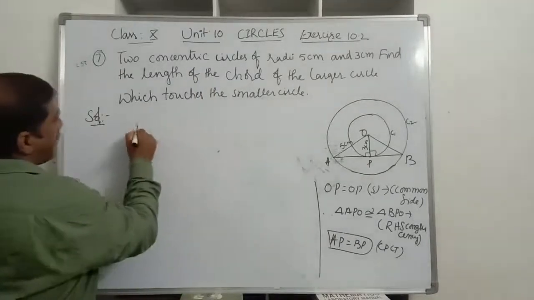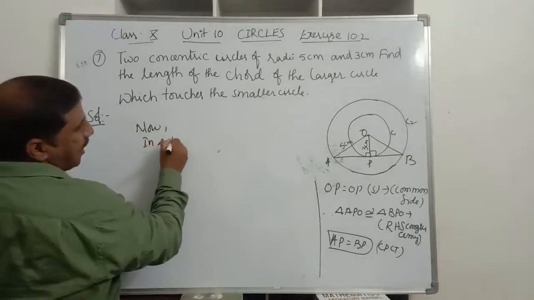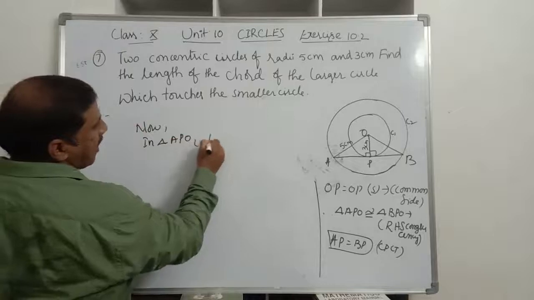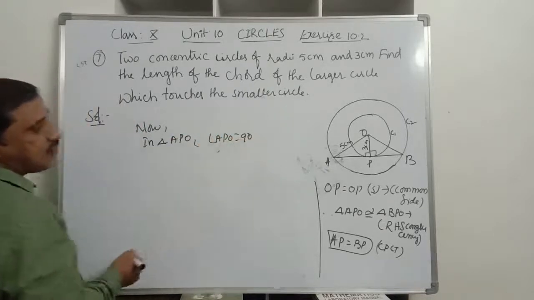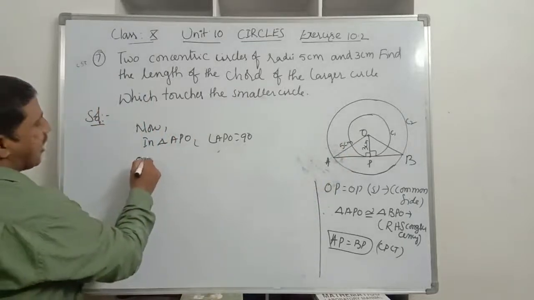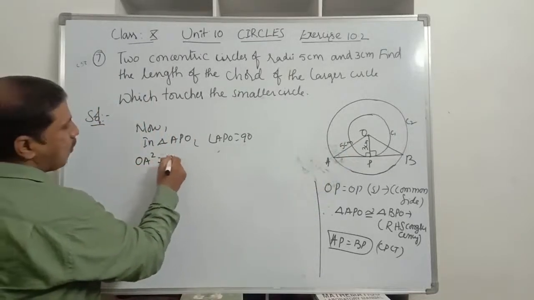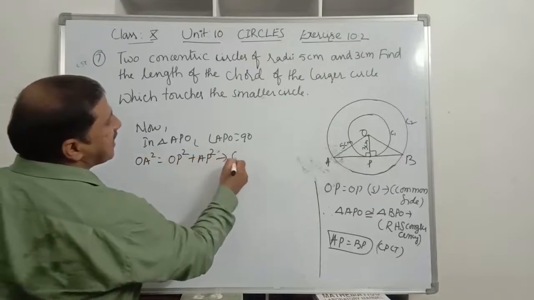Now in triangle APO, angle APO is equal to 90 degrees. Therefore, by Pythagoras theorem, the square of the hypotenuse, that is OA square, is equal to OP square plus AP square.